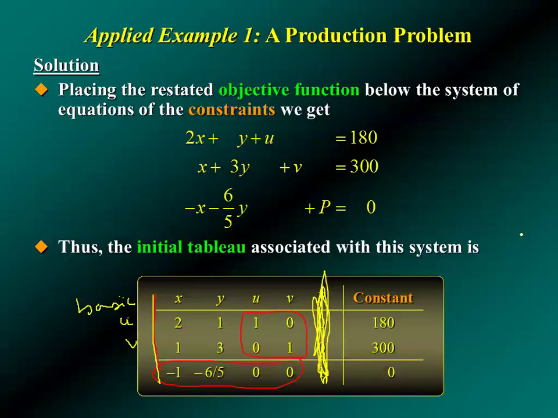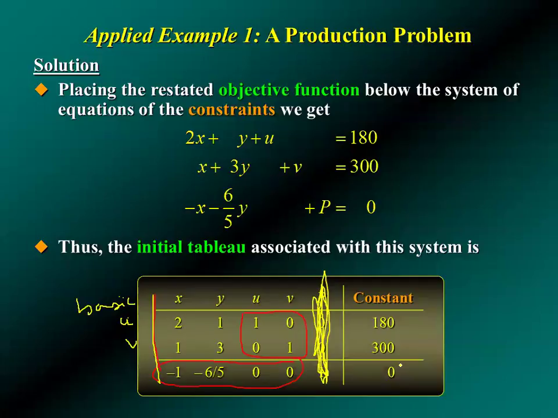So which point are we at? In the graph, we're at the origin because x and y are both equal to 0. And that's why z is also equal to 0 here.